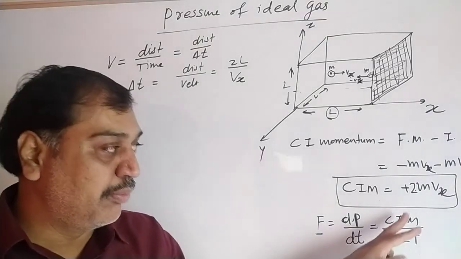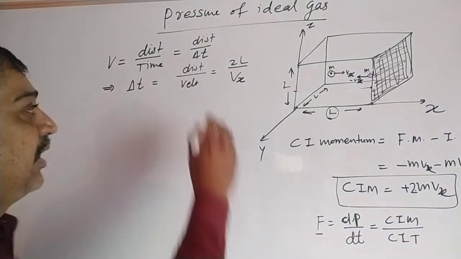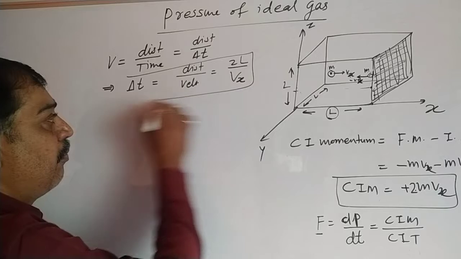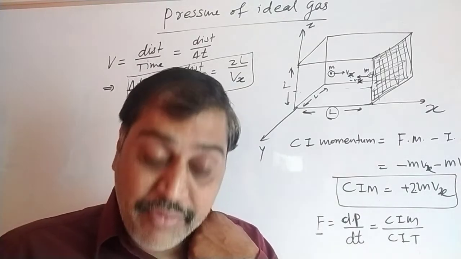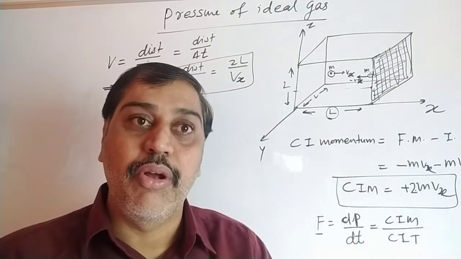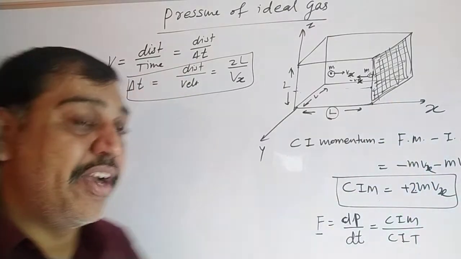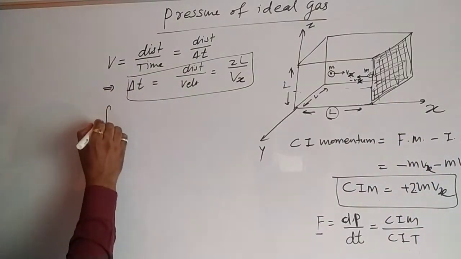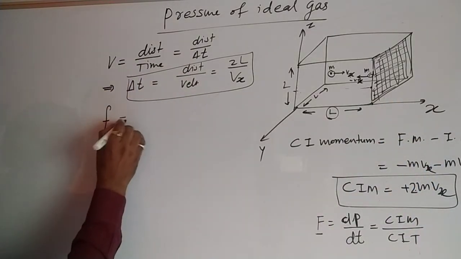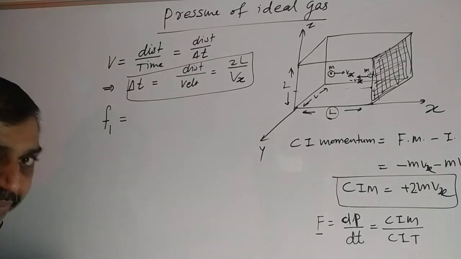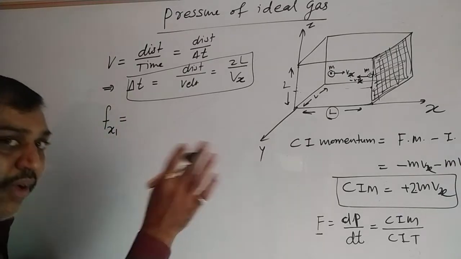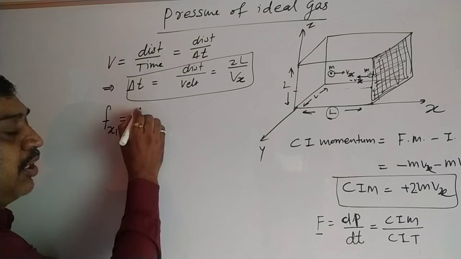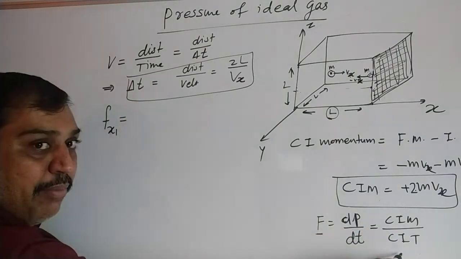Now we have the change in momentum and we have the change in time. Then we can find the force exerted by the first molecule on this shaded face. Suppose the average force exerted by the first molecule is Fx1, for one particle along the x-axis. It is equal to change in momentum divided by change in time.